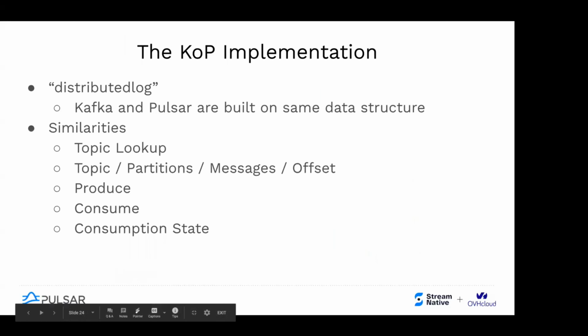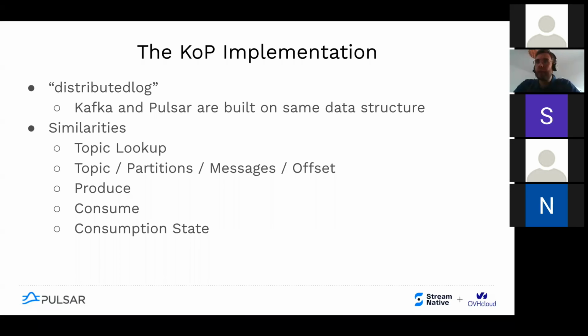Thank you, CJ. So I will be speaking about the KoP implementation. The first thing to understand is that Kafka and Pulsar are built on the same data structure, which is called a distributed log. Because they're built on the same data structure, there are a lot of similarities between those two worlds. There are things like topic lookups, which are valid in both worlds.